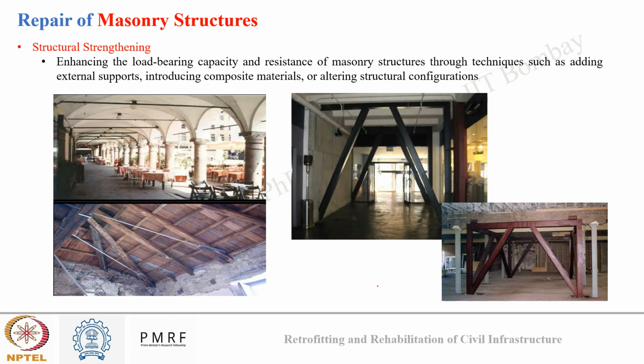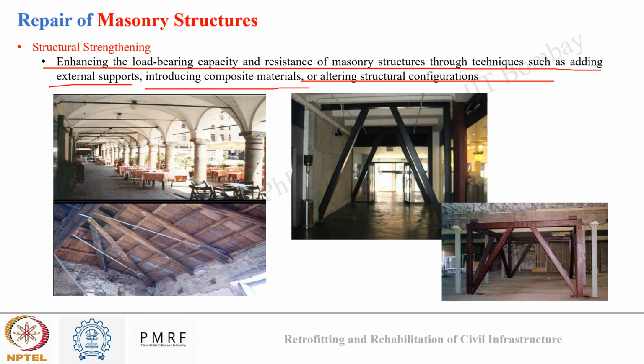Okay, then we have structural strengthening. This is mainly a form of retrofitting of masonry structure, and this involves enhancing the load bearing capacity and resistance of masonry structure through techniques such as adding external support, introducing composite material, and altering structural configuration.